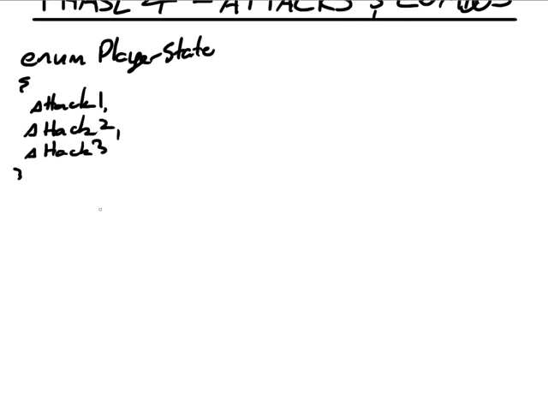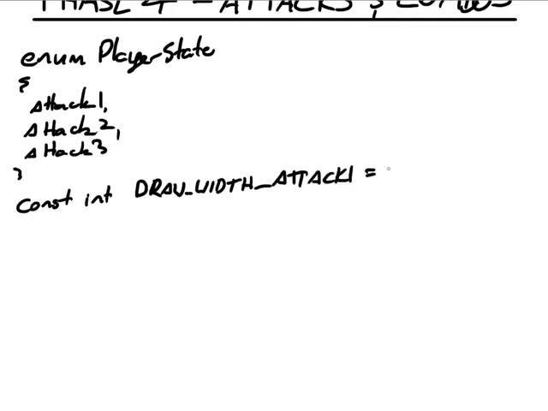We're going to need to add in some extra draw widths into our draw area constants. So const int draw width attack 1, which is going to be equal to 146 pixels.